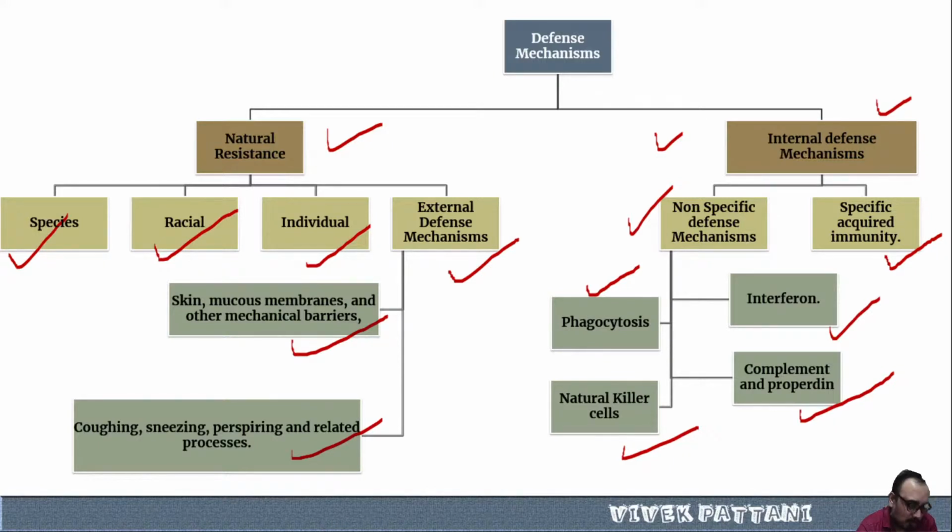Now comes individual resistance, which is purely on the basis of the individual. For example, it may depend on the individual's racial or genetic background, or its ability to adapt to the environment, and various factors such as its health condition.